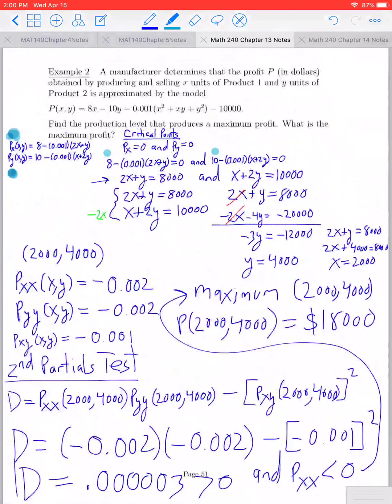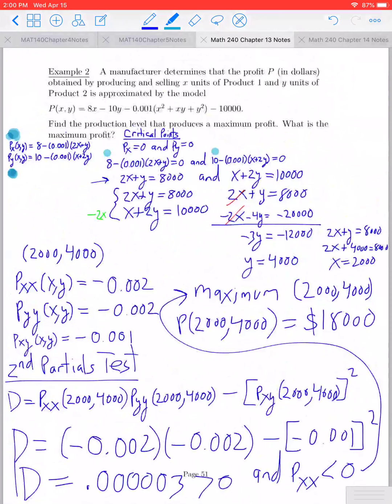So D is negative 0.002 times negative 0.002, minus negative 0.001 squared. If you work this out, we get a D value of about 0.000003, and we don't care about the value, just the sign. D is positive, greater than 0.